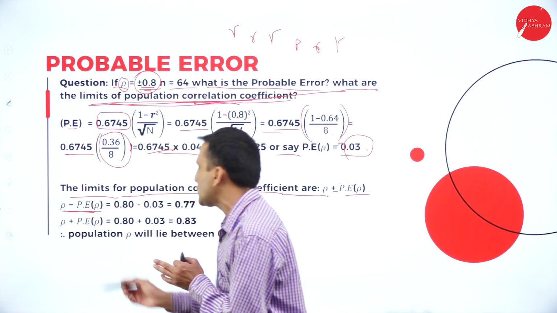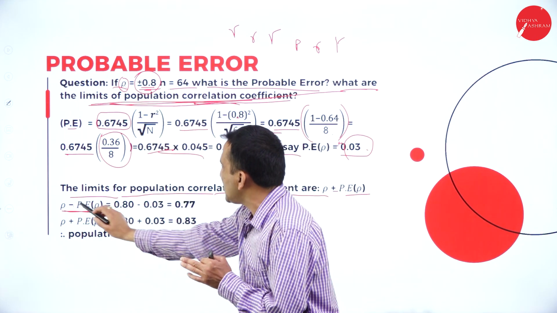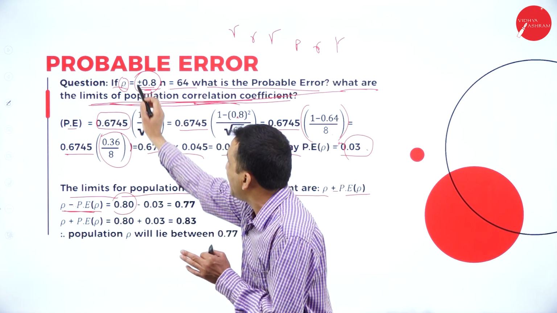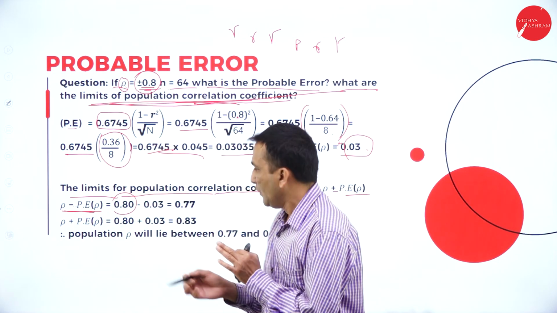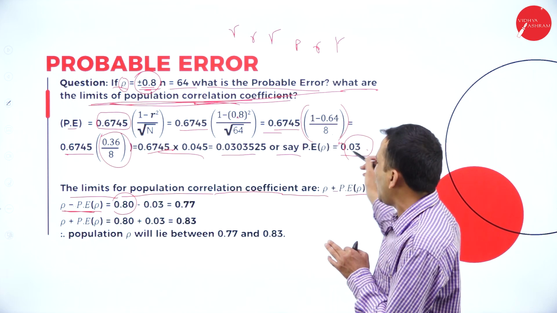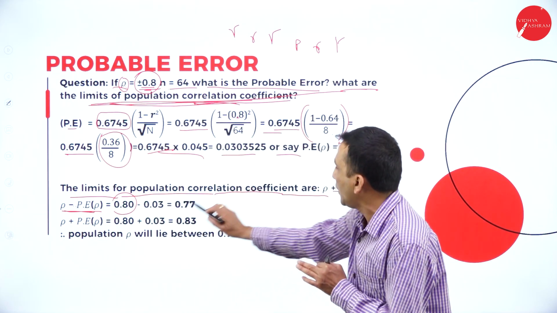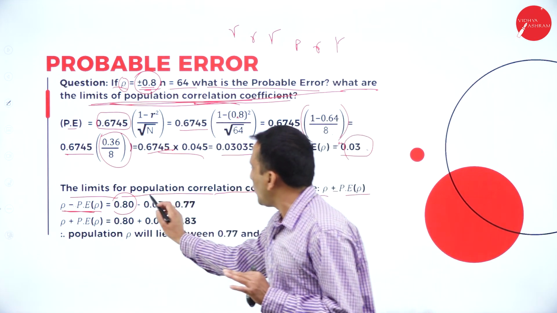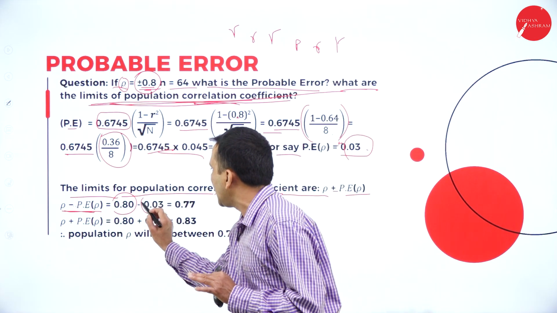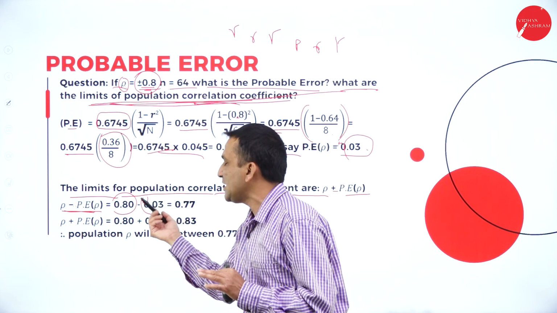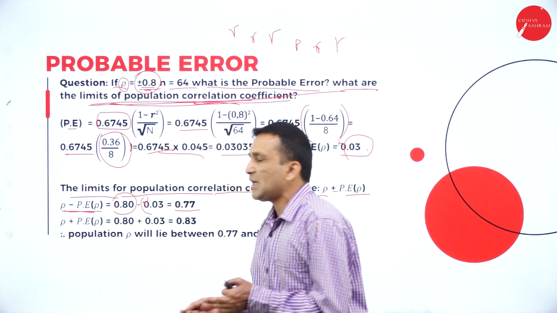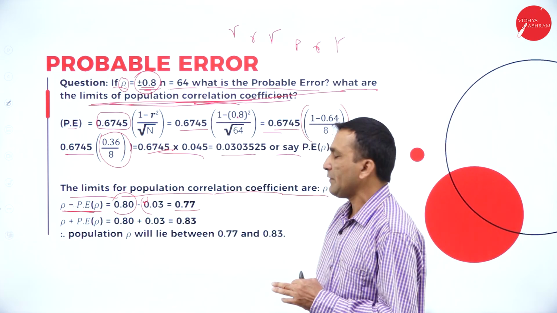First we do the subtraction: the correlation value 0.80 minus the probable error 0.03. If you subtract, you get the lower limit 0.77.